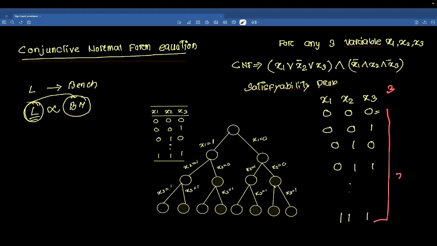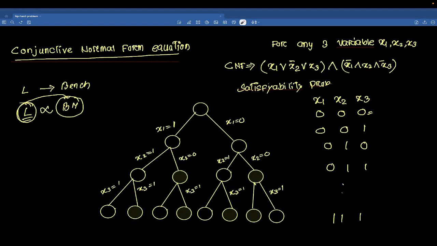We need a total of 2 to the power 3 equals 8 combinations. If we have n elements, it takes 2 to the power n time. Since it takes 2 to the power n time, this is definitely an exponential time algorithm, and this is considered in the same class as other complex problems.